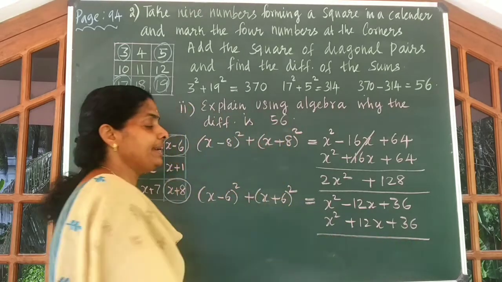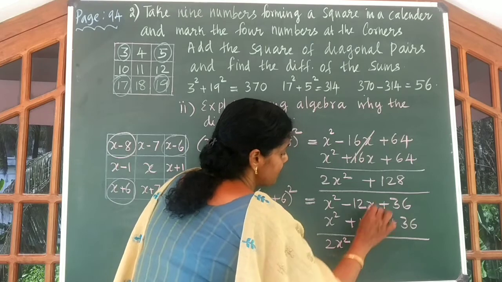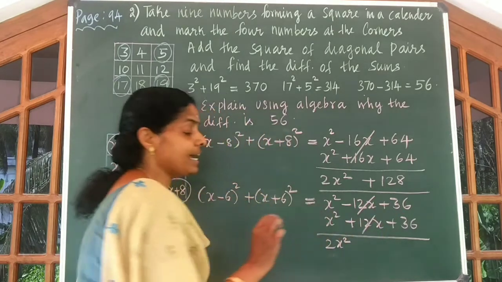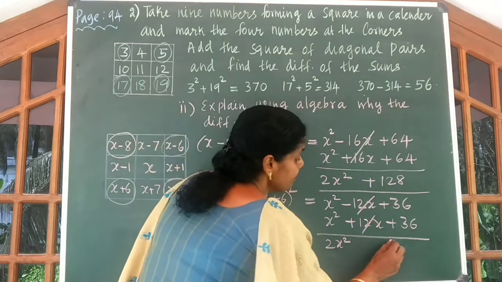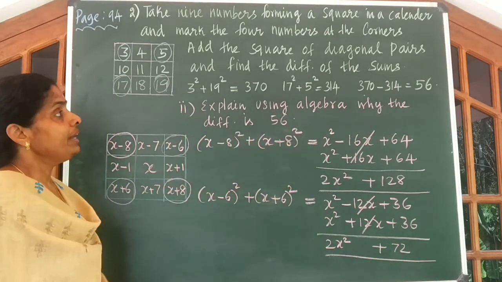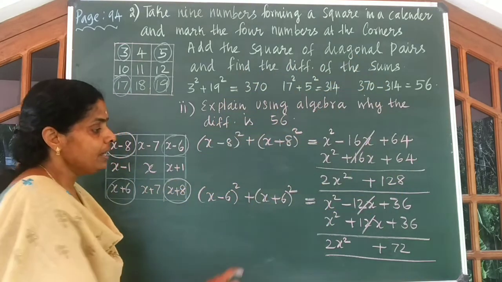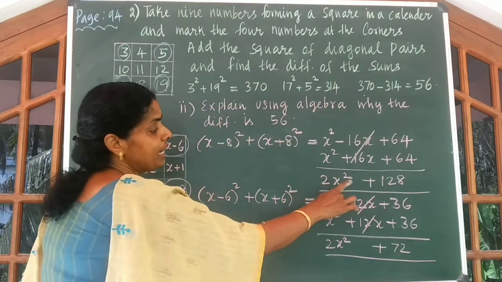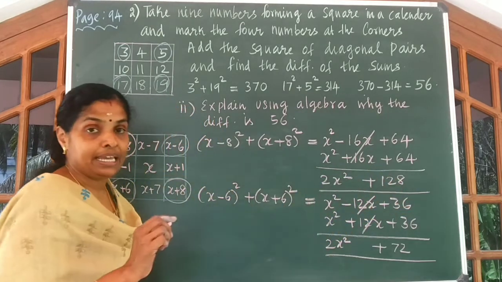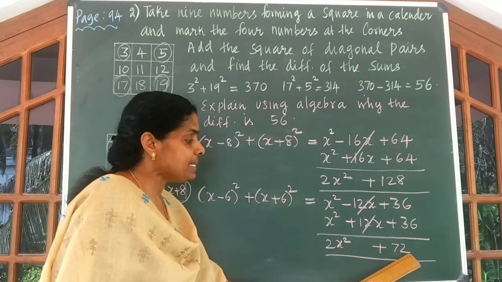Now let us add the 2. x square plus x square, 2x square. Minus 12x cancels with plus 12x. 36 plus 36 gives you 72. Now what do we have to find? The difference of these sums. From 2x square plus 128, you are going to subtract 2x square plus 72.